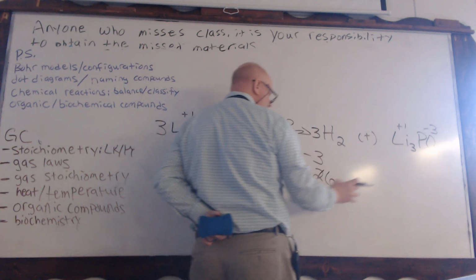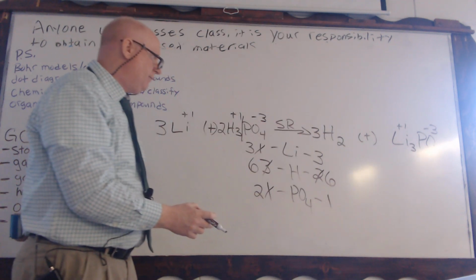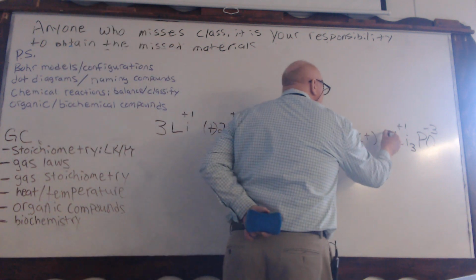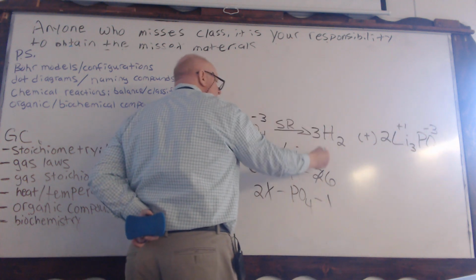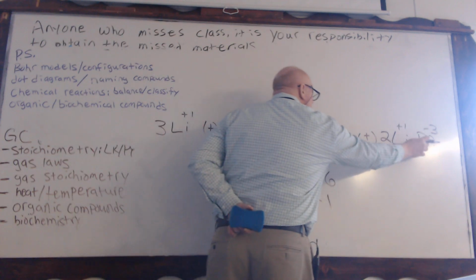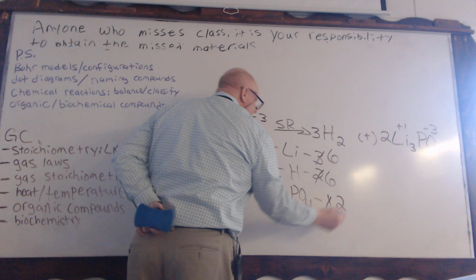But we've got 1 phosphate here where we need to get 2 of them. So if we multiply by 2, that changes the lithium because you got to distribute it through the entire compound. So that changes that to a 6. 2 times 1 for phosphates gives you a 2.